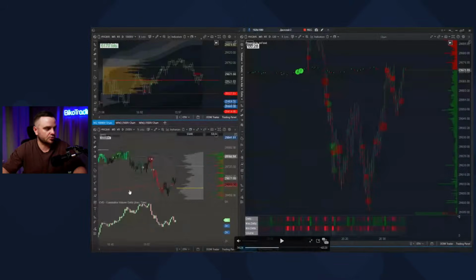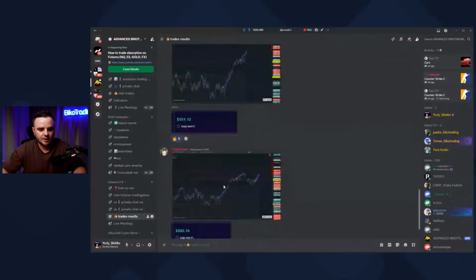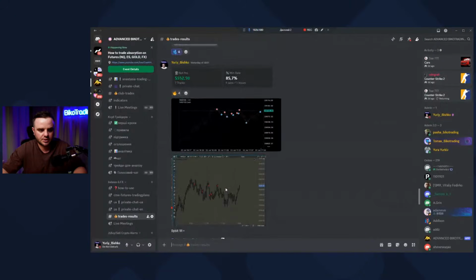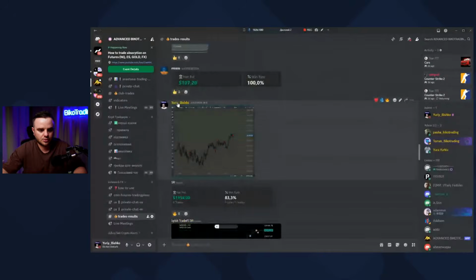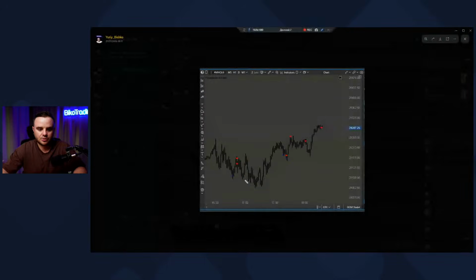It is a trade that I took this week. It was on Tuesday. On Tuesday, I had quite a beautiful trading session. It was the 21st. Yes, it was Tuesday. As you can see, I took 2 trades.